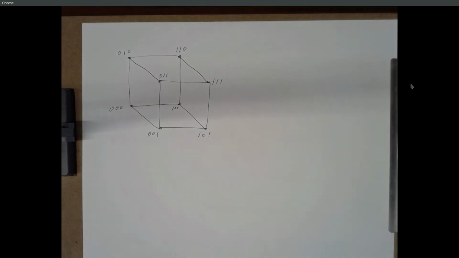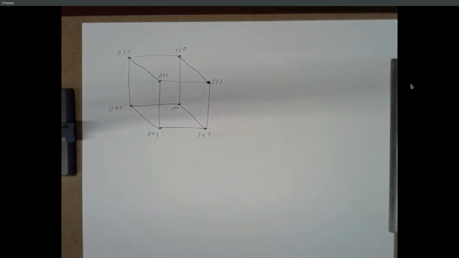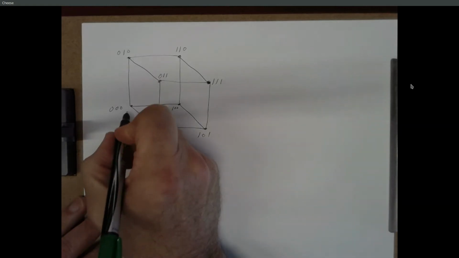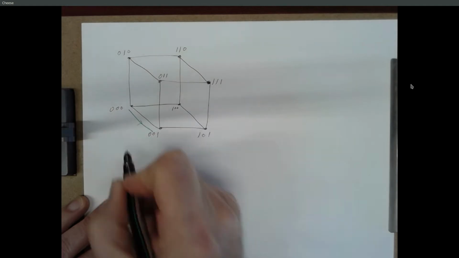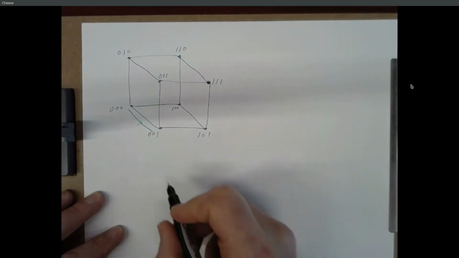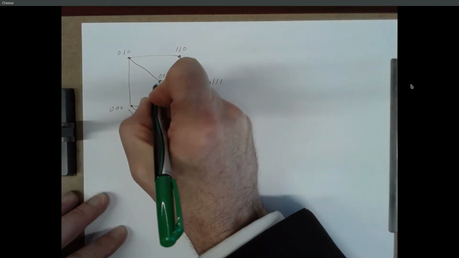So I've got 8 vertices. I've got 12 edges. I've got my vertices labeled in this peculiar way. And it turns out there is a Hamilton path through here. So let me show you. I'm going to go down like this. I'm going to go up. I'm going to go back.